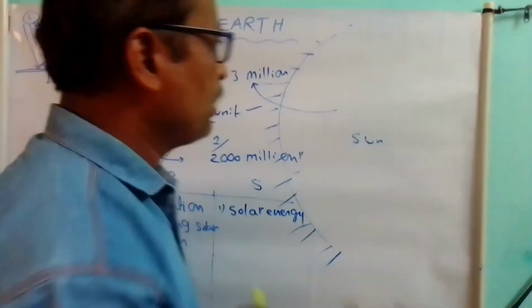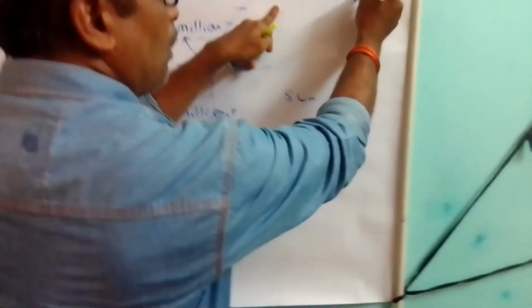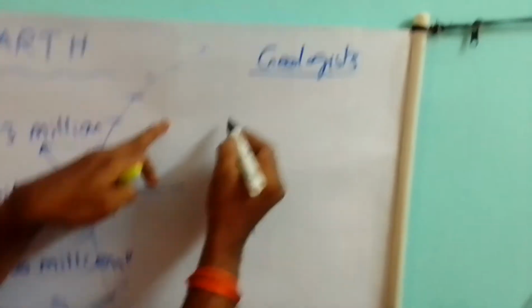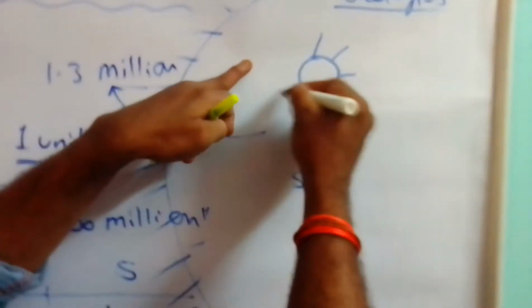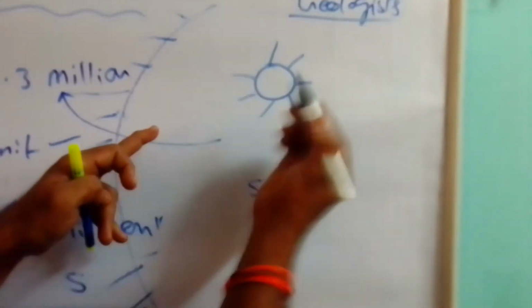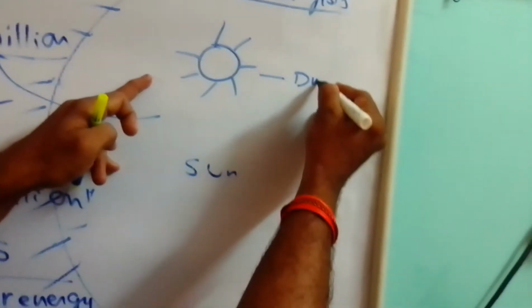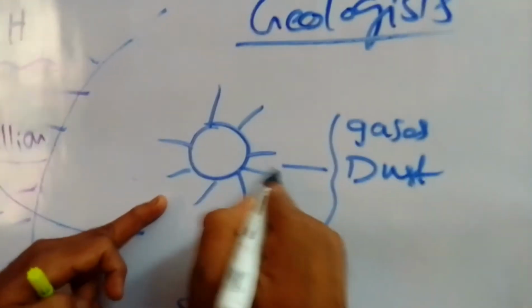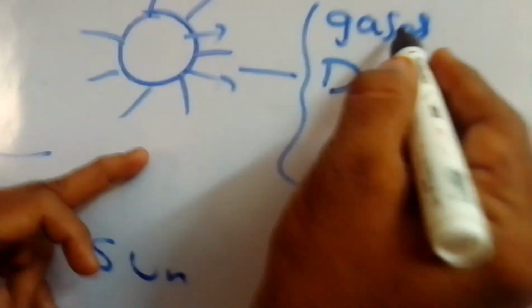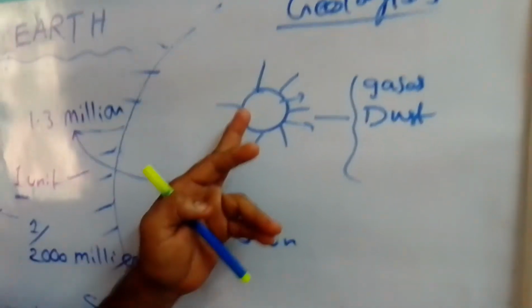According to a brief story told by our geologists, first there was the sun, a burning ball, and while it was rotating, some dust particles and gaseous particles were separated from this burning ball.